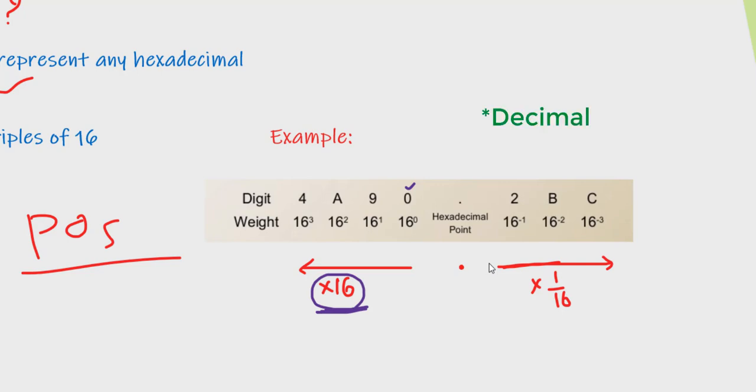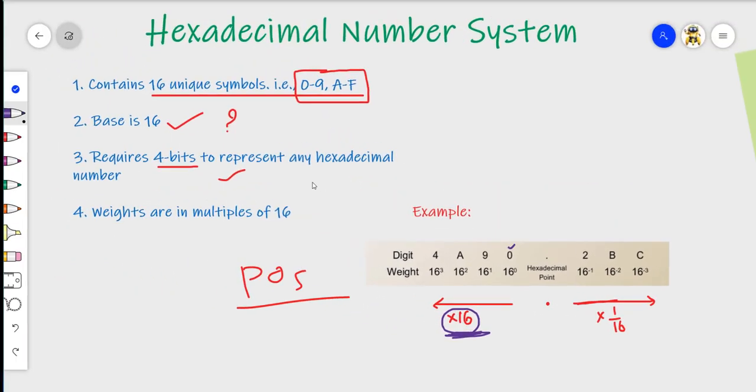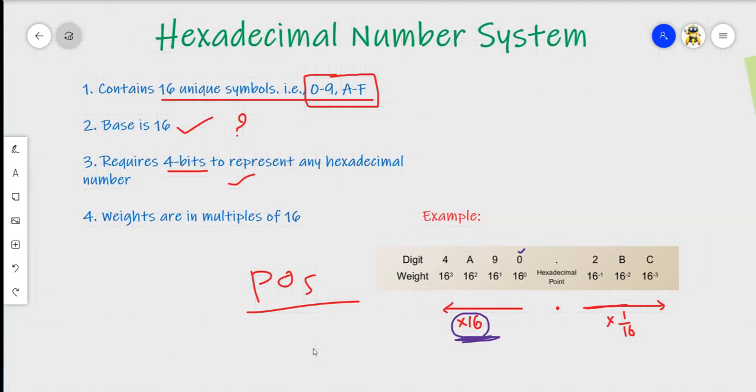In binary, it is multiples of 2. In the octal number system, it is multiples of 8, because the base is 8. In the hexadecimal number system, it is multiples of 16. So mostly that is all you need to know about the basics of all these 4 number systems.